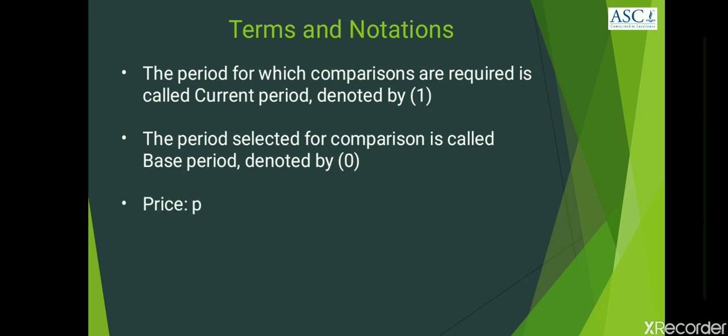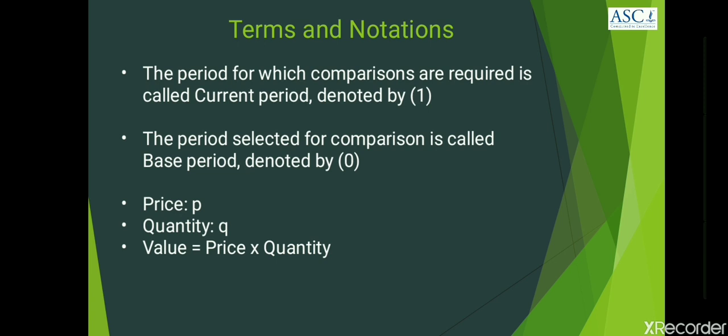Third term, price, represented by small letter p. Next term, quantity represented by small letter q. Here, quantity means volume of goods either produced or manufactured or distributed or consumed. The next one, value.